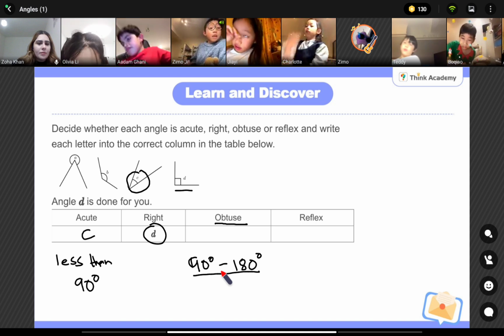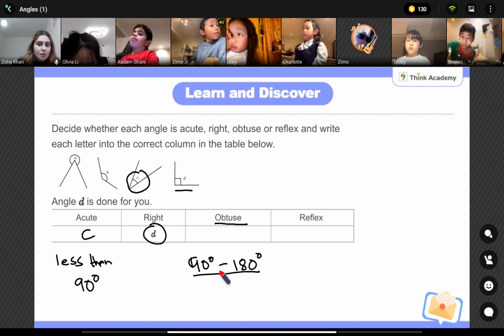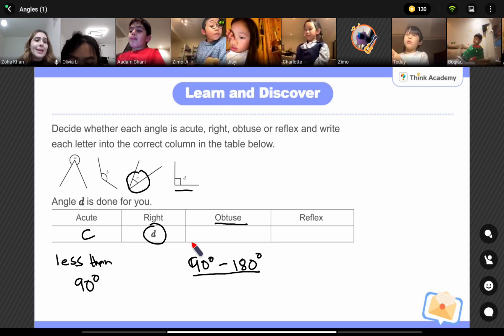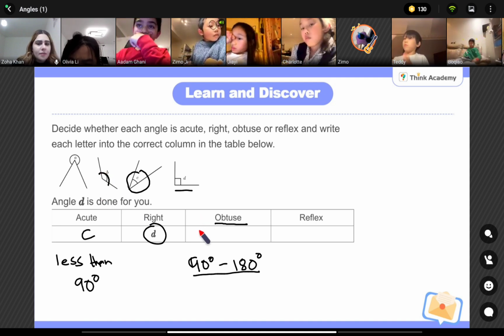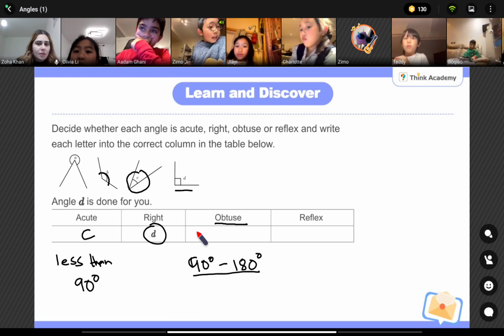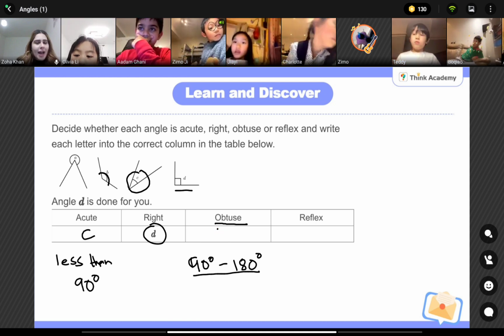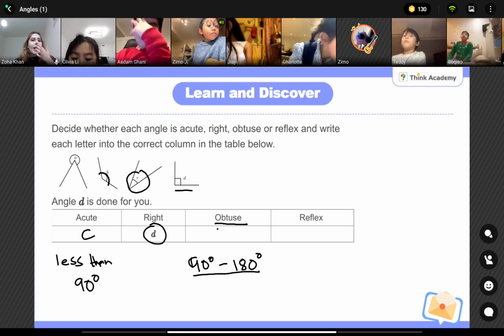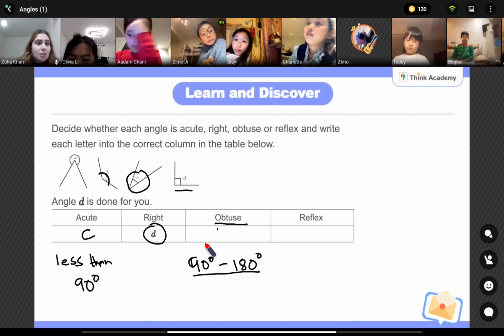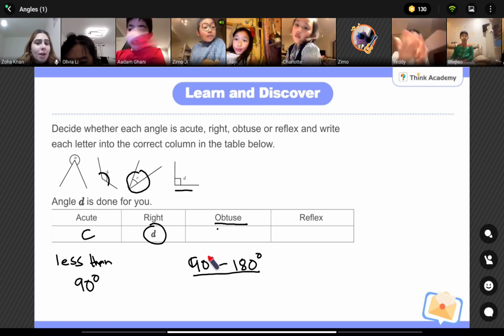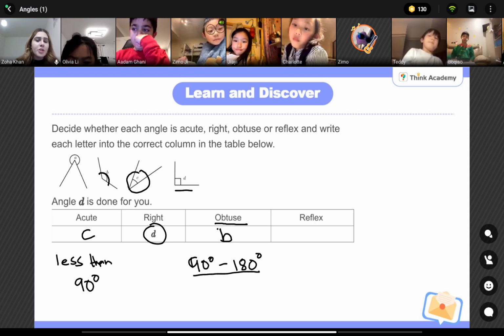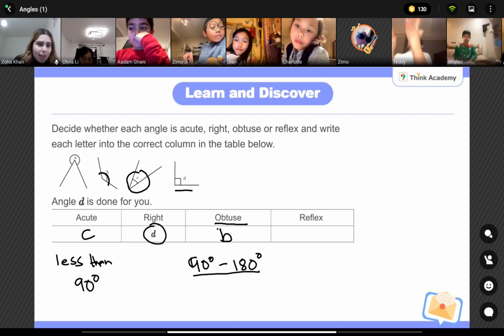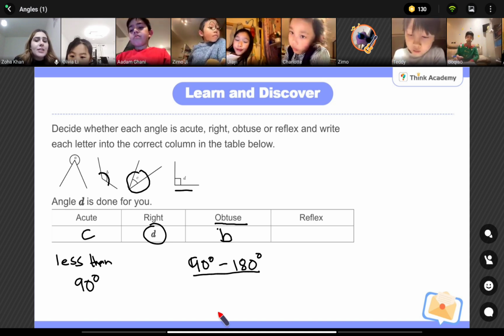Less than 180 degrees. Yeah, more than 90 degrees, but less than 180. So we know it can't be A, but do you think it can be B? Yes, because look, the angle is big enough to be bigger than 90 degrees, but it's still less than a straight line, isn't it? Good. So we know B is obtuse. It's bigger than 90 degrees, but less than 180.